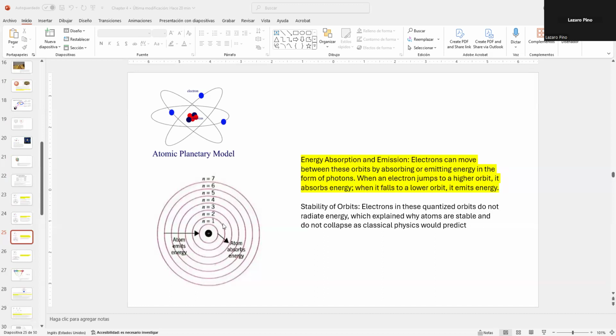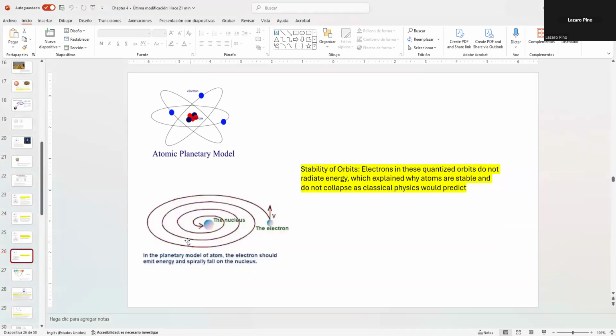Because the electrons do not radiate energy while they are spinning around the nucleus. According to the planetary model, the movement of the electron would lead the electron to jump into the nucleus by losing energy. But Bohr explained that these orbits are quantized and the electron does not radiate energy.